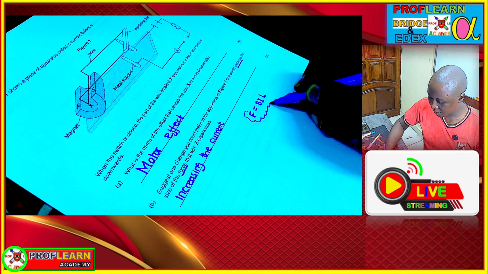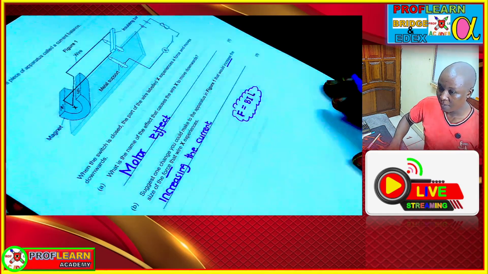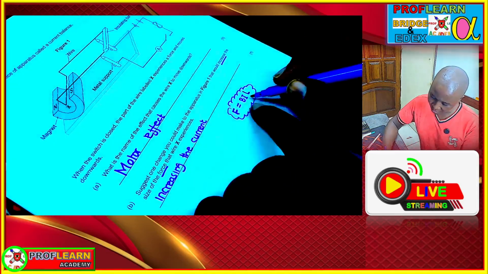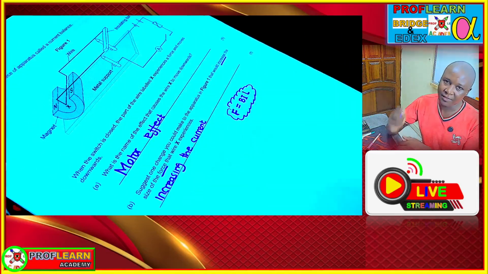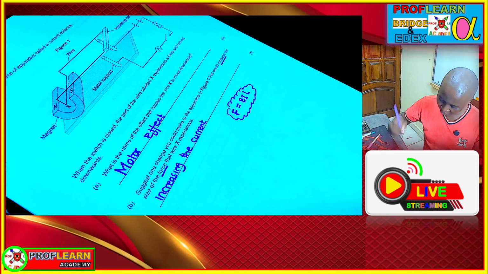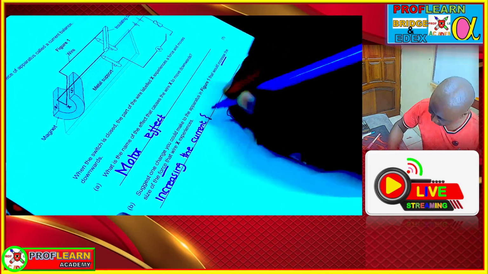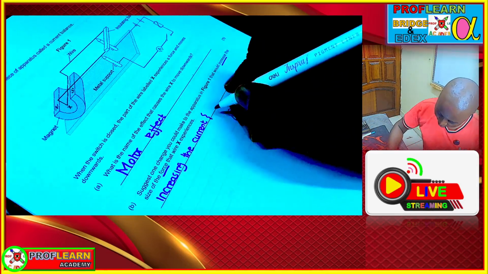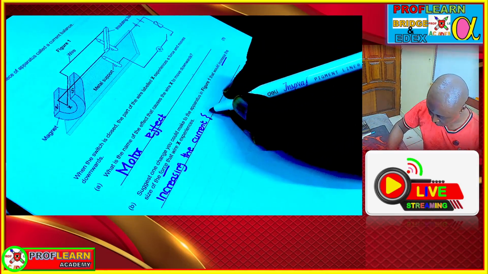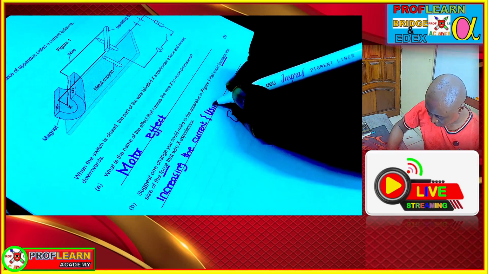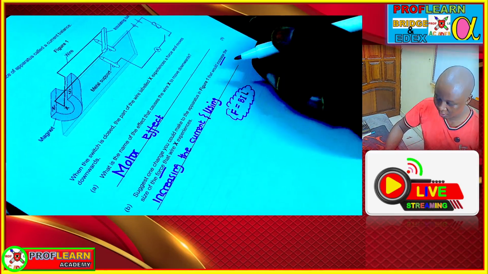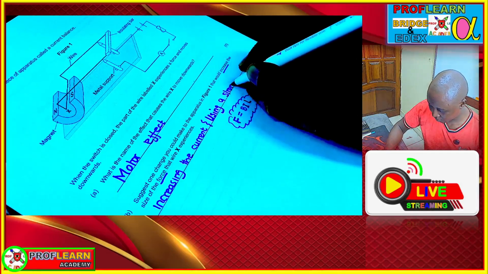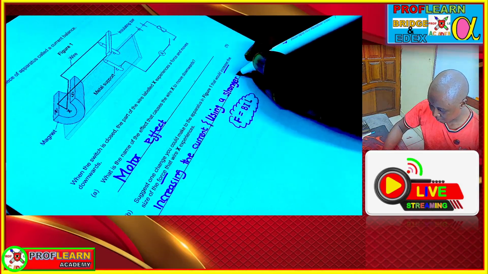So the force experienced depends on three factors: the strength of the magnet, the amount of current, and the length of the conductor. So another change that can affect this is using a stronger magnet.